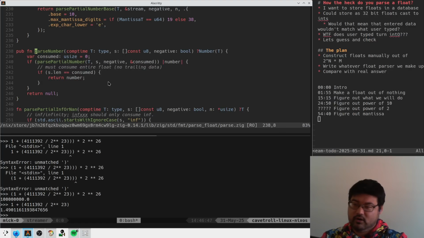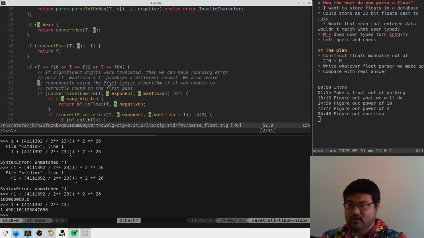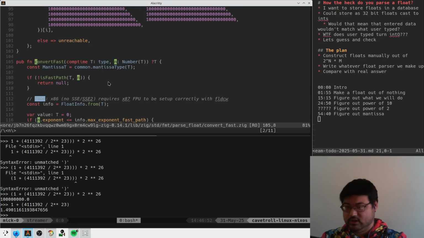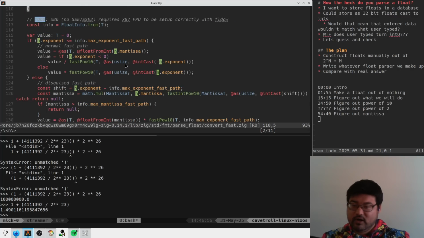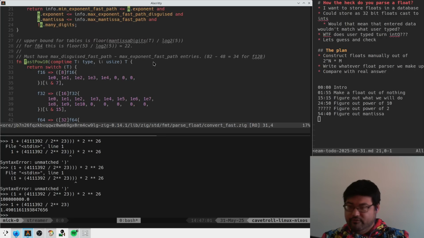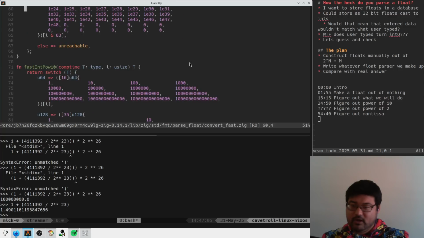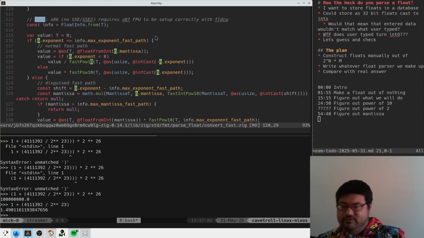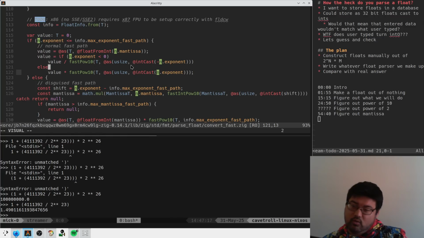And then what do they do with this partial number result? They just return the number. Sure. And then parse number is n here. And then they have to do a conversion, which I assume is like a base 10 number here. So fast pow 10, upper bound for tables, and so on. But it looks like this is doing that power of 10 thing that we wanted to do. So they divide by power of 10 here, or multiply depending on which side it's on.